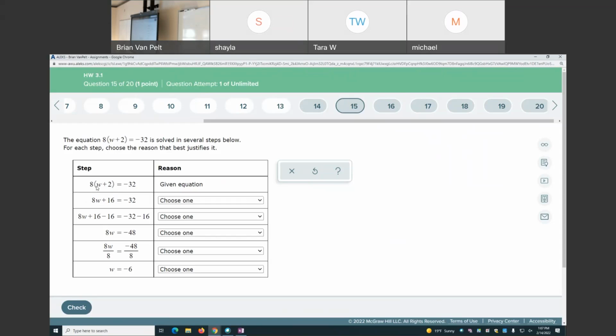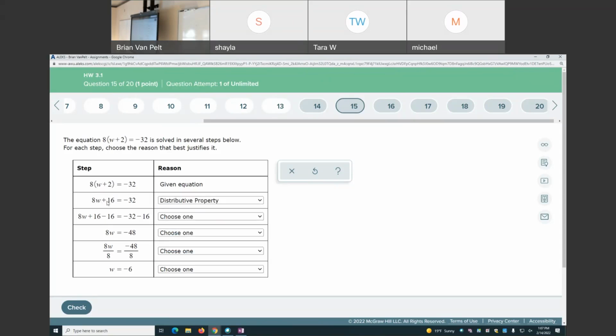It's not the same as this, is it? So what do they call that multiplication? Because they multiply it to the W and the 2. What do they call that multiplication? Distribution. Exactly right. Now, what did they do here? We usually put a little minus 16 underneath, but they don't do that.